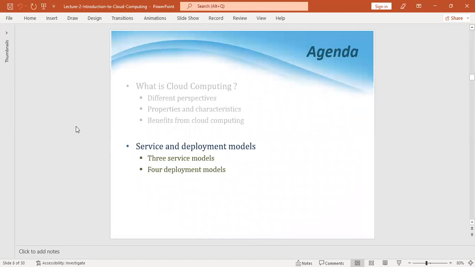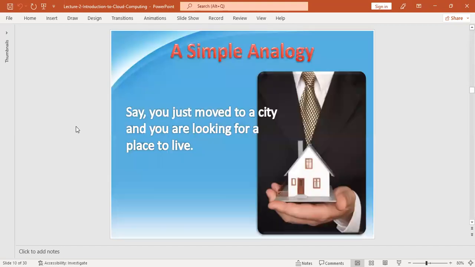The second part is going to be about service models, what service models are being used. Let's look at a very simple analogy. For example, if you are in a city and you have moved from Lahore to some other city, let's say I have moved to Gujranwala or Karachi or Islamabad. When I'm moving there, my first and foremost objective would be to find a house to live in.